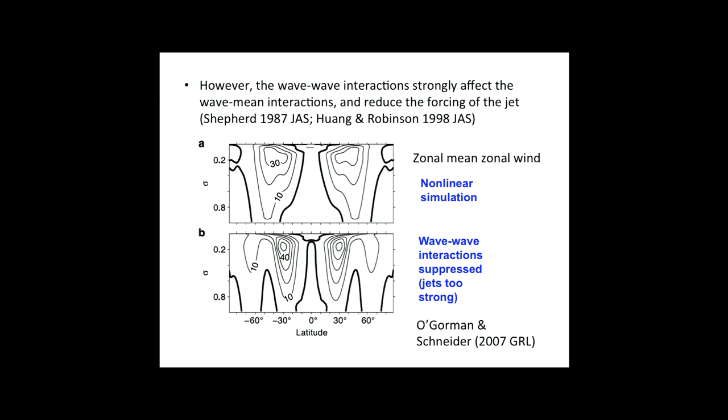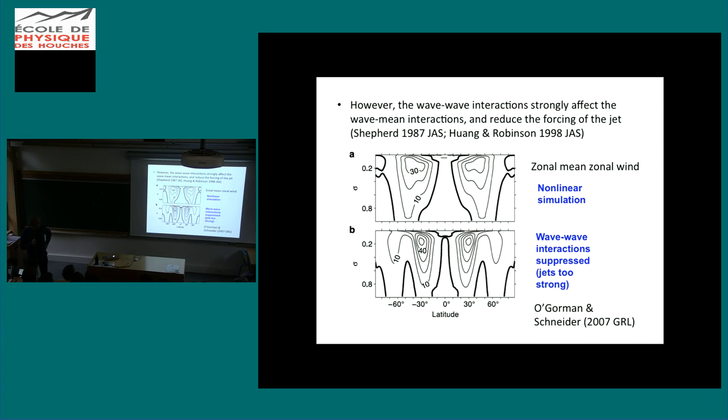In a paper we published a few years ago, we showed that the wave-wave interaction can be neglected in a special regime when there is a timescale separation between the time you need to build up the large scale on one hand, and the dissipation time on the other hand.